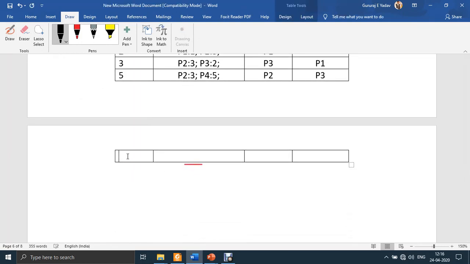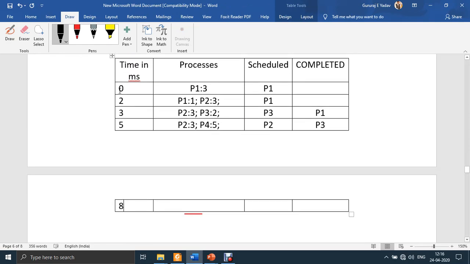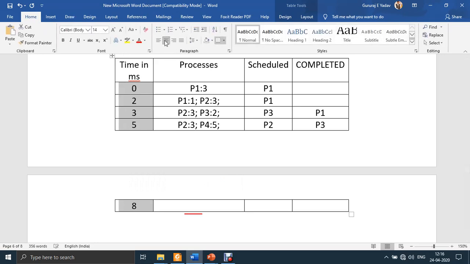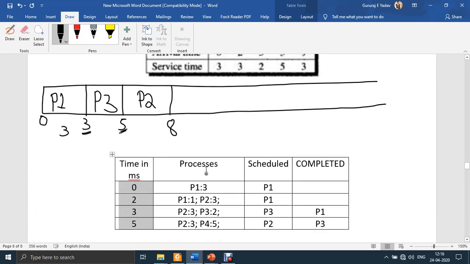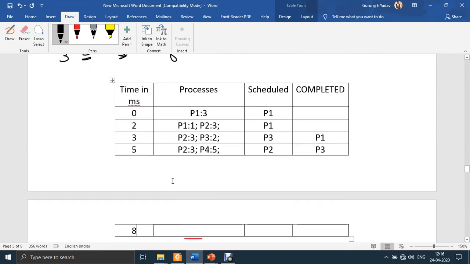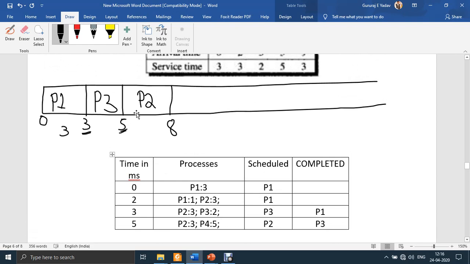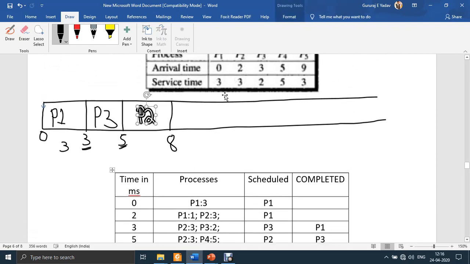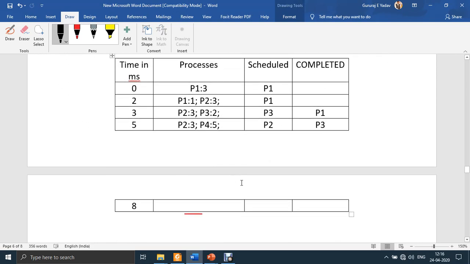Either you consider the time interval at which a new process arrives to the system, or the time interval at which a process completes. Only those instances you have to consider. Fine with this? So at time interval 8, P2 completes because it requires only 3 milliseconds, 5 plus 3 is 8. Which is the process that is completed?